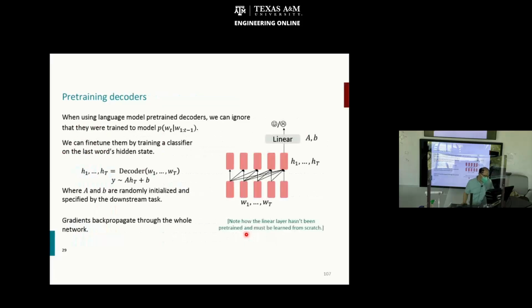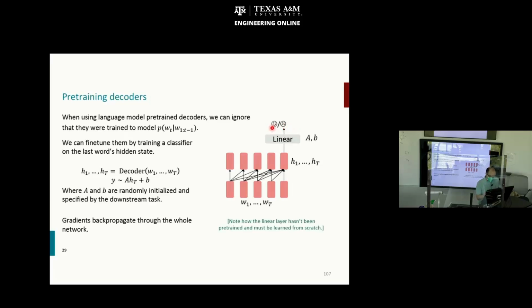First, the decoder. This is very easy, as I said before. We are pre-training to predict this probability distribution, so these are the layers that we can initialize. In the end, for the task in the fine-tuning stage, the task might be predicting sentiment. So I take the last hidden vector, go through a very simple linear layer, A and B, and classify into different sentiments.